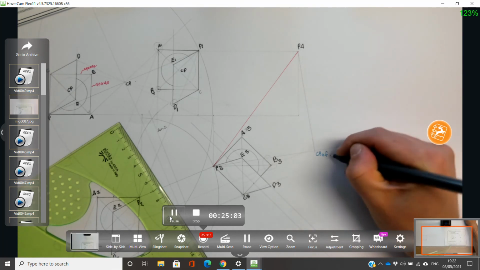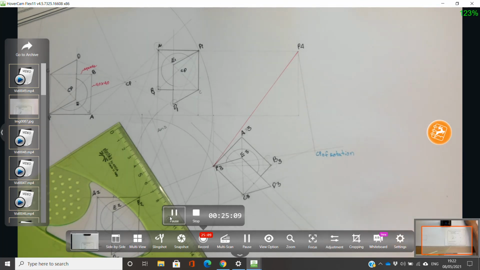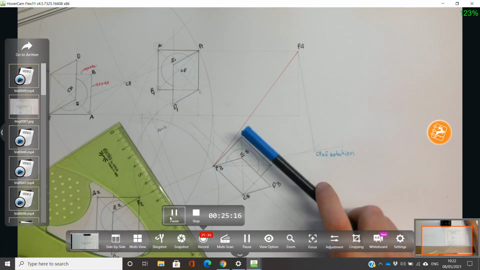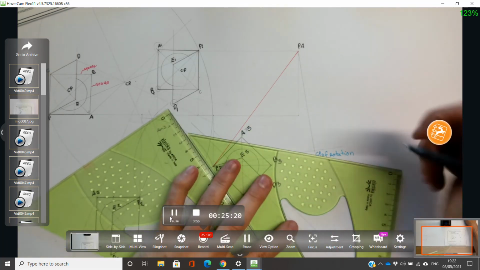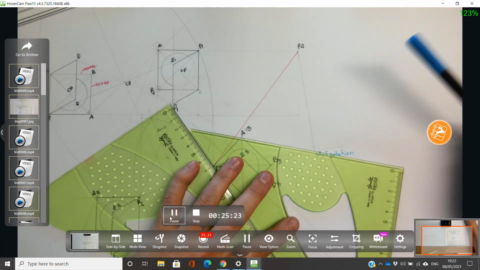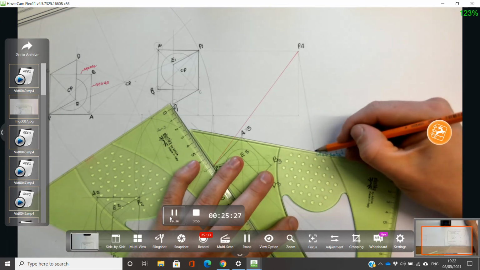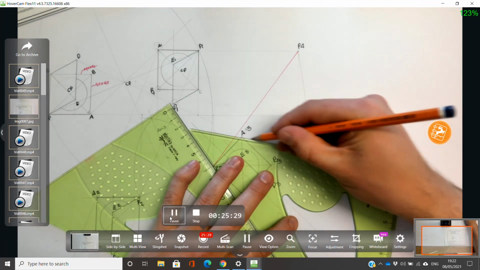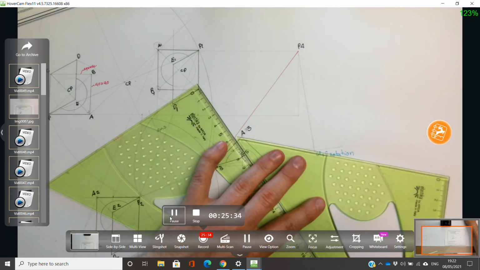And again, we want to only move the relevant number of points. So let's focus on just moving 3 of them for the time being. So we'll do A3. I'm going to join A3 to the center point of rotation, and the angle of rotation is 90 degrees, so I need to draw a line at 90 degrees to that.